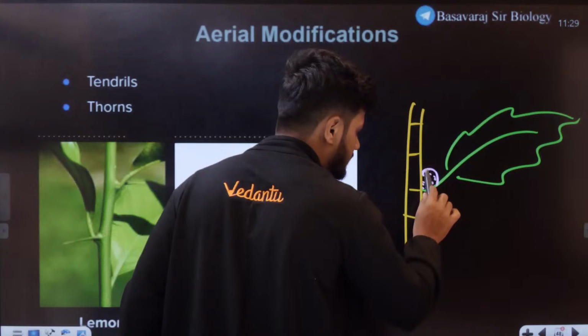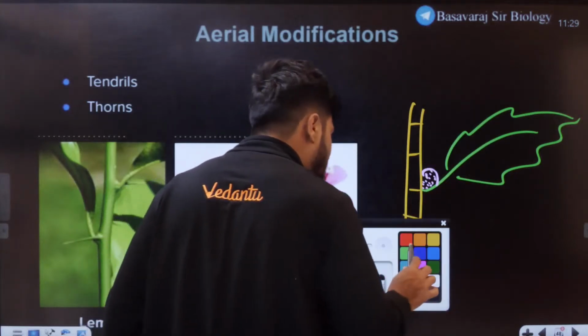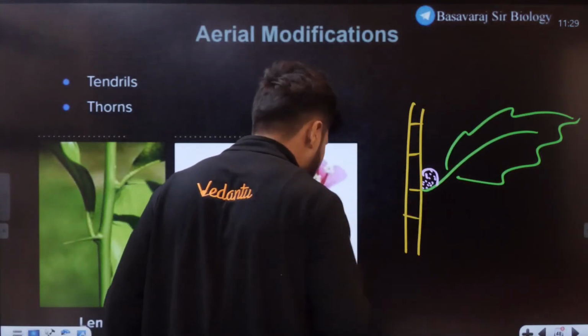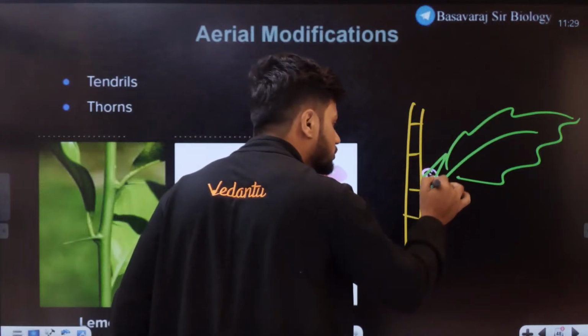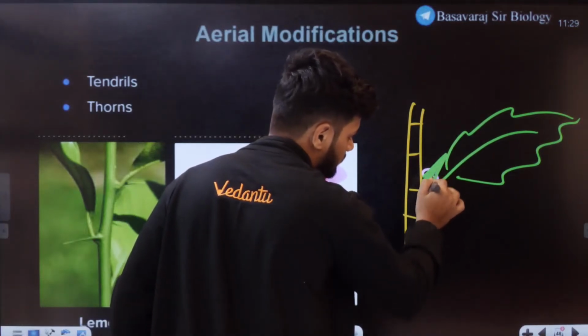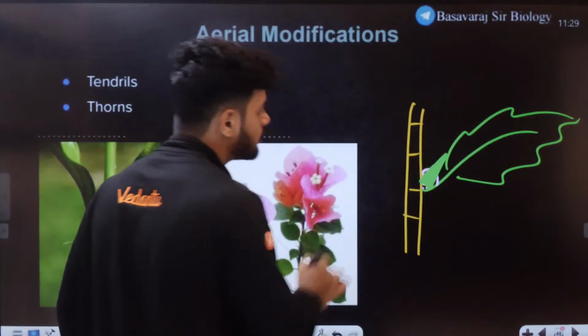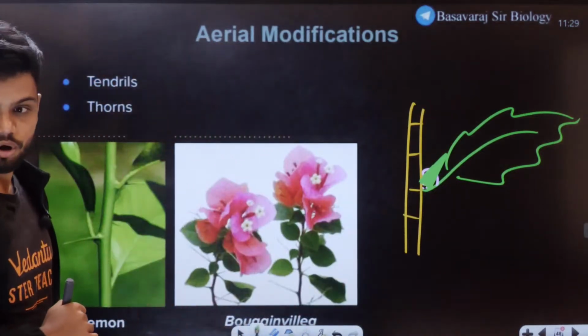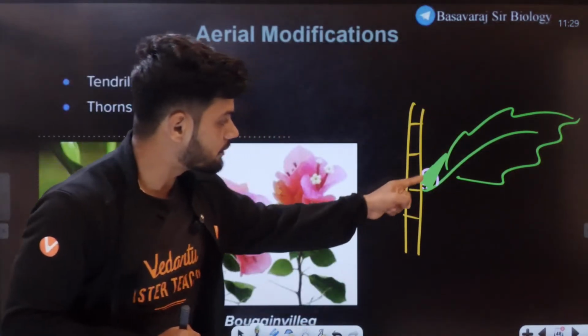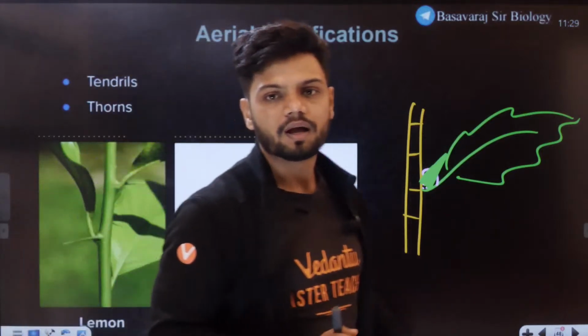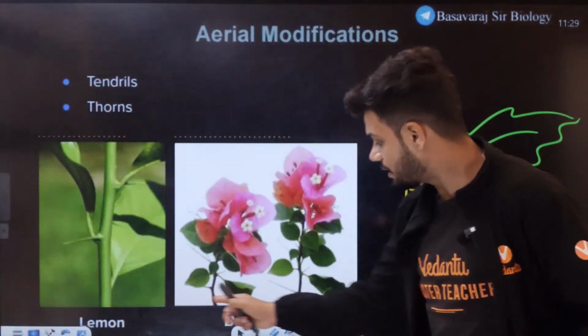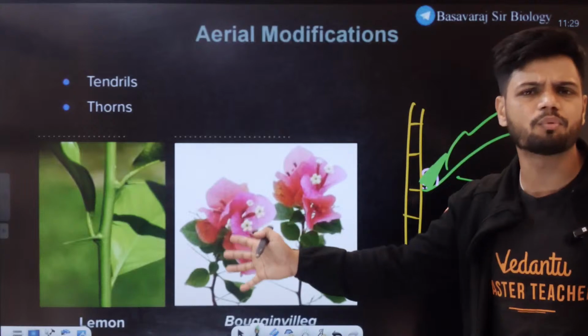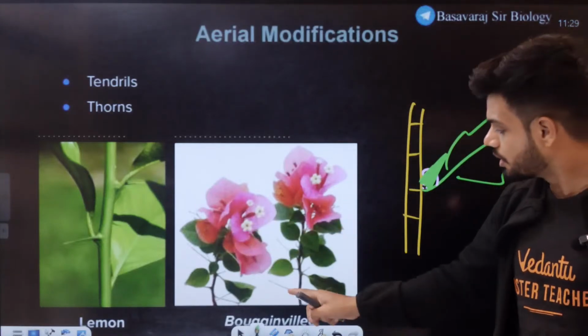This axillary bud will get modified into a thorn. Examples are lemon, citrus and bougainvillea.